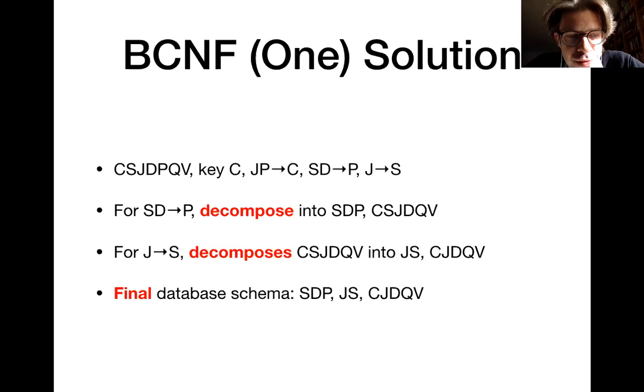And we also have a second relation which simply combines all the attributes from the functional dependency, S, D, and P. So here you see the two resulting relations after the decomposition. In the original schema, we had one relation. Now we have decomposed it, and we have replaced it by two relations.